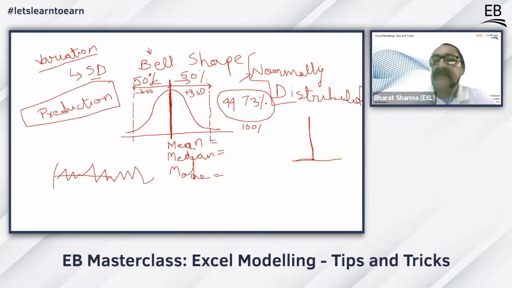So that is why we also need to understand whether my data is normally distributed or not. I need to understand the shape of my data to be able to predict better. If it is not, I'm not saying you can't model your data, but your data modeling accuracy cannot be predicted.